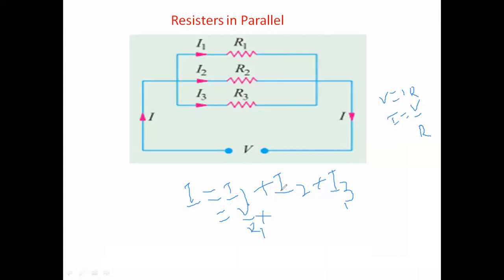I2 is equal to V by R2, because the voltage is constant across these terminals. Plus I3 is nothing but V by R3.